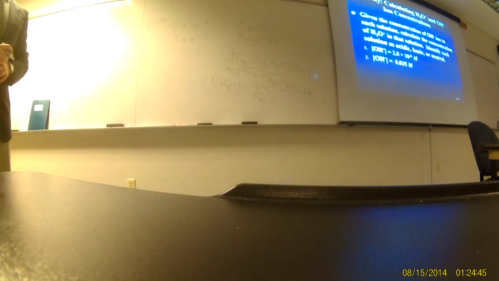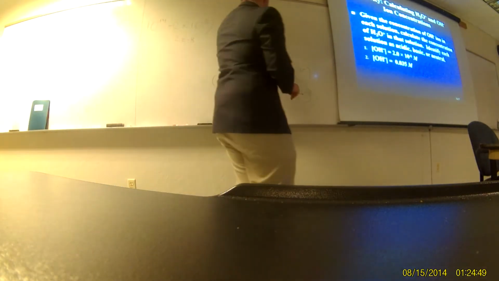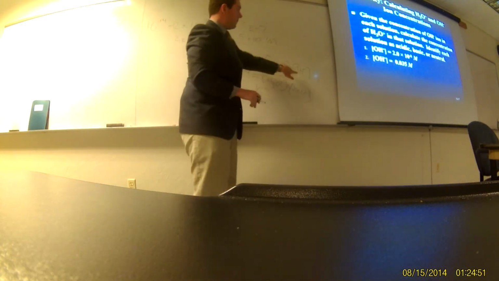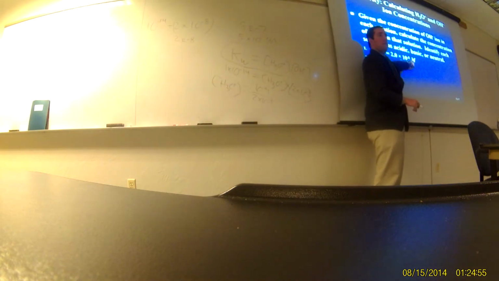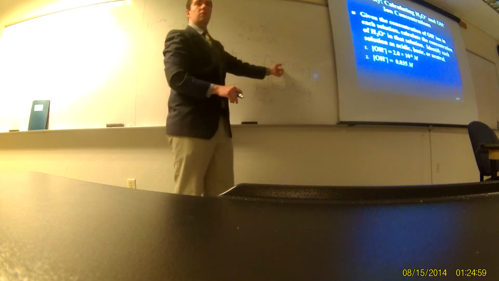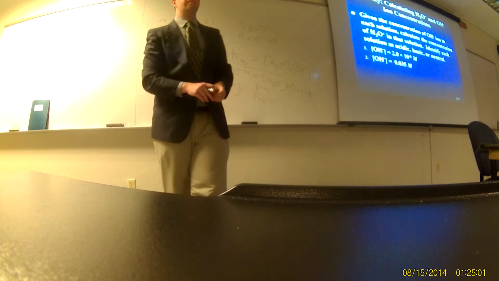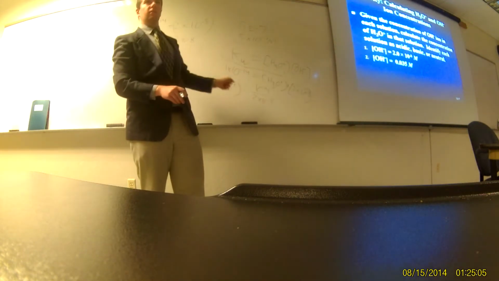You say, why is it molar? Because these are concentrations, and so this is given to us in molarity. So if we put molarity in, we get molarity out. But you will never use anything other than molarity.